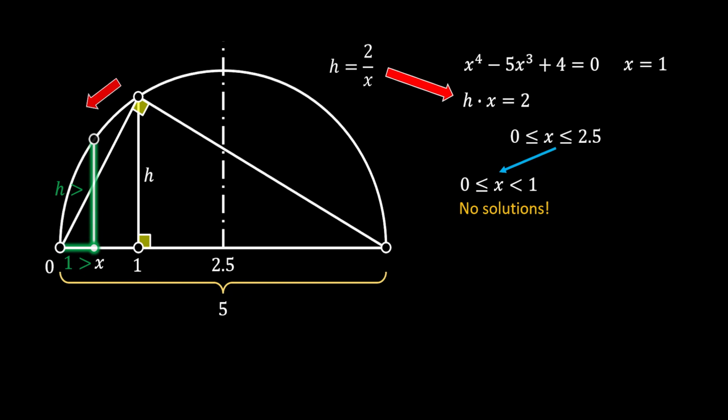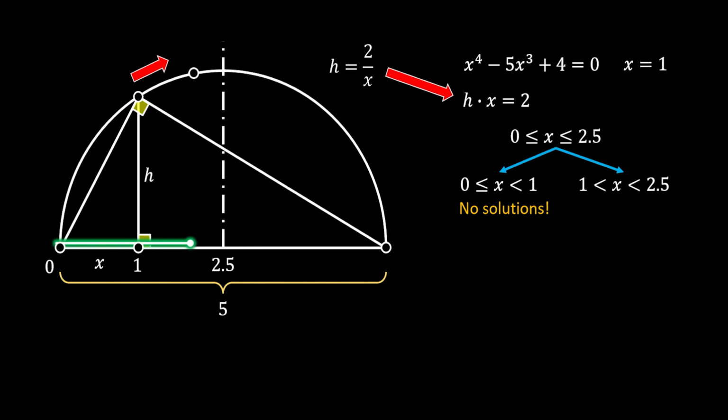Now, let's take a look at the other scenario, where x is in between 1 and 2.5. So we will slide our point to the right somewhere, and we can conclude that this value which we got is greater than 1. But what happens to the height? Well, as you can see, the height also increases.